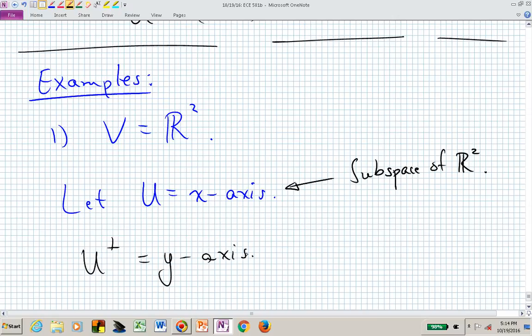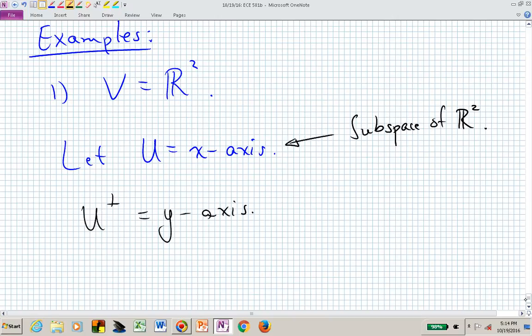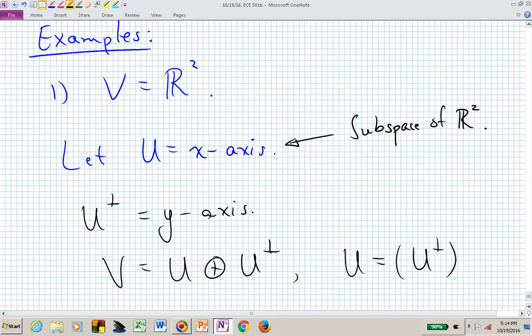That wasn't very hard, was it? And we know then that V is just U direct sum with U perp. So you can represent anything as a unique combination of a component in X and a component in Y. That's basically what we're saying. And if you now take the orthogonal complement of the y-axis, what do you get? You get the x-axis.